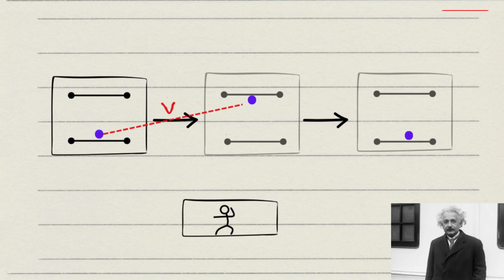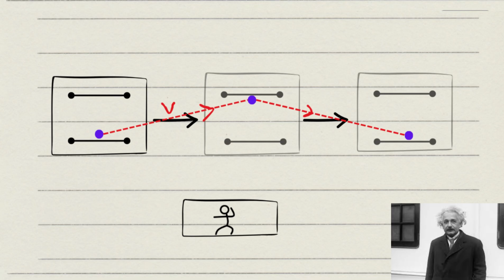When the light pulse leaves the bottom mirror, the spacecraft will be here. But when the light pulse arrives at the top mirror, the spacecraft will have moved, and so the mirror will have moved. And so the light pulse, instead of going vertically upwards, will have gone at an angle.